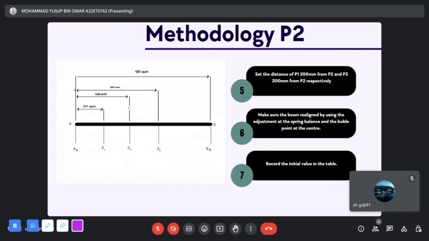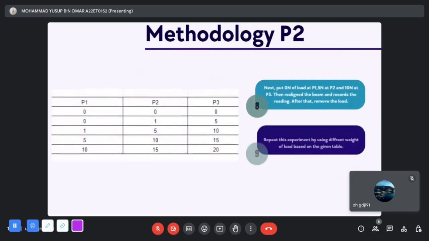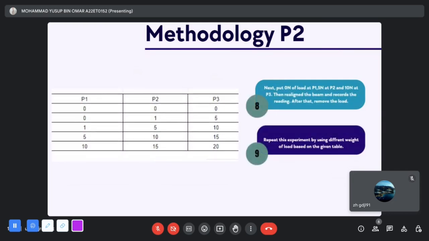So step 6, we need to make sure the beam realigns by using the adjustment at the spring balance and the bubble in the water pass is at the center. Then we need to record the initial value. Next, put 0 Newton load at P1, 5 Newton at P2, and 10 Newton at P3.